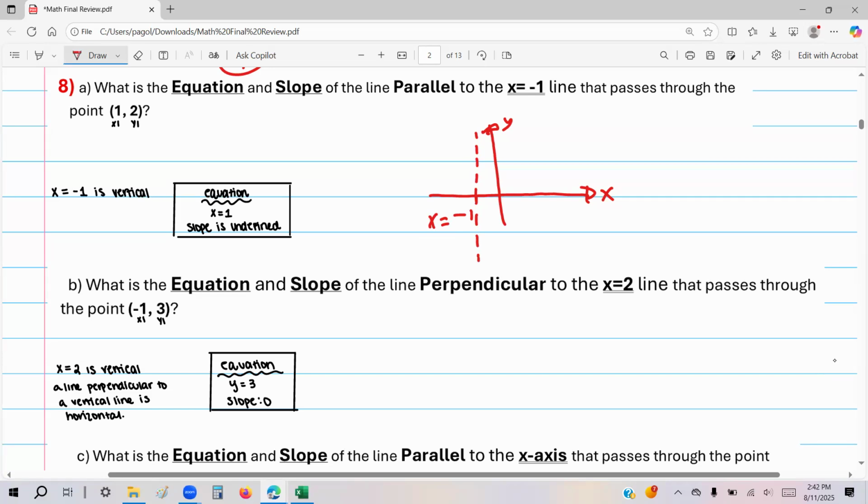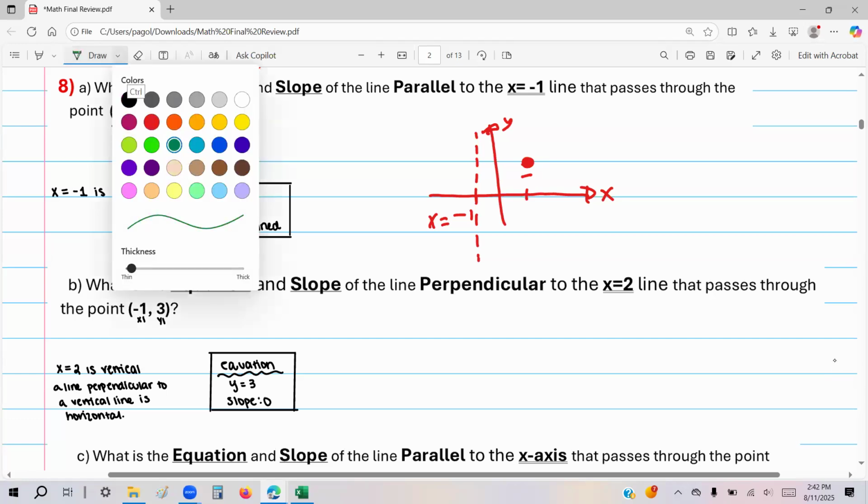So we need to know which line is parallel to that line and what's the slope of that line. And that line will go through the point (1, 2). So 1 is here, 2 is here. Draw a line that is parallel to x equals -1. How are you going to draw the line? x equals -1 is a vertical line. So its parallel line has to be what? A vertical line or a horizontal line? Another vertical line.